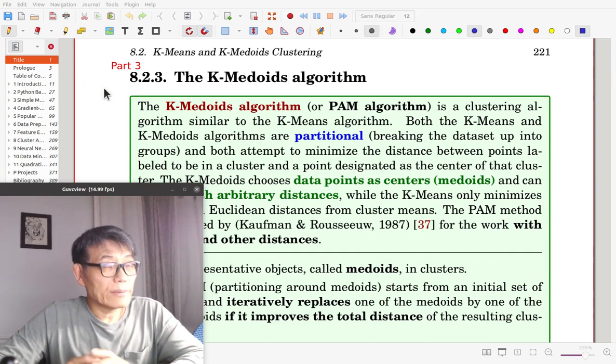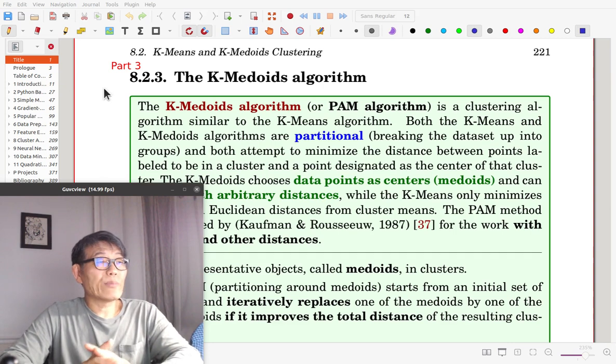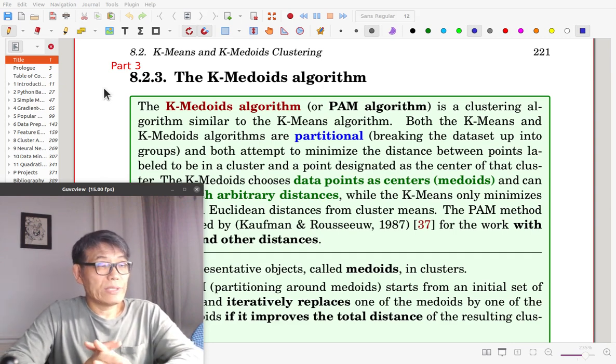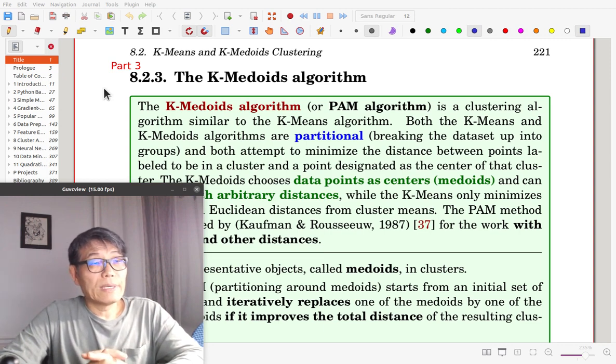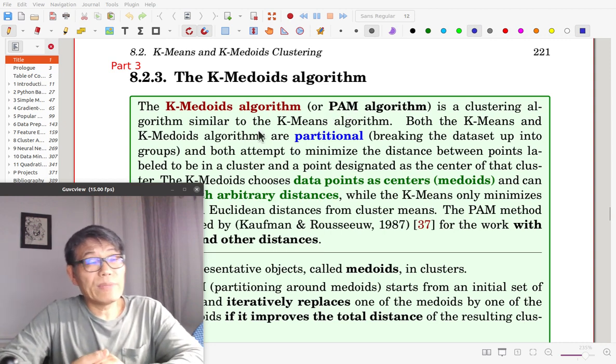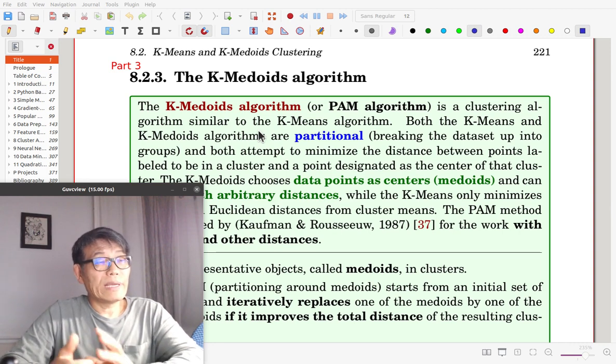It is part 3 of section 8.2, the K-Medoids algorithm, which is also called the PAM algorithm, partitioning around the Medoids. PAM is similar to the K-means algorithm. They both are partitional.